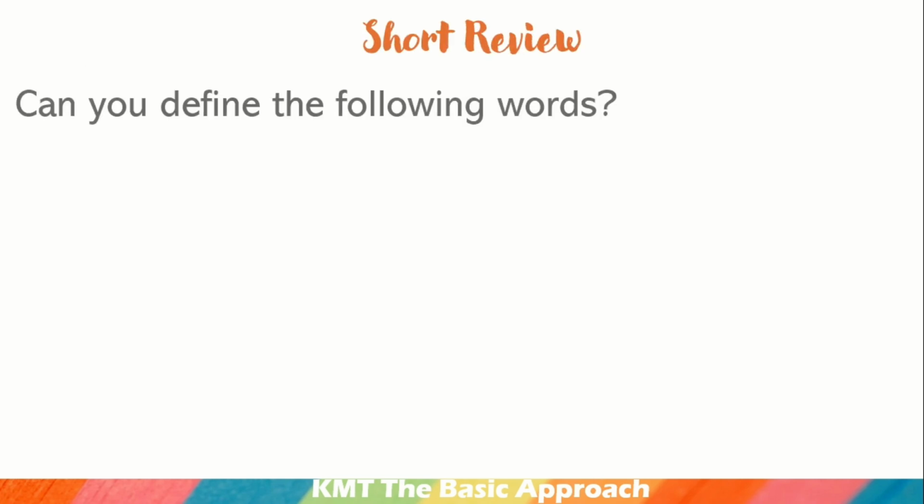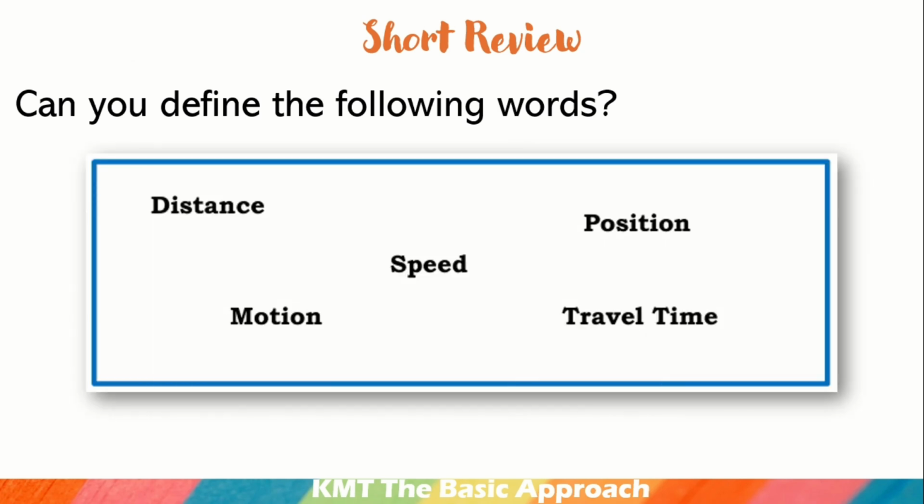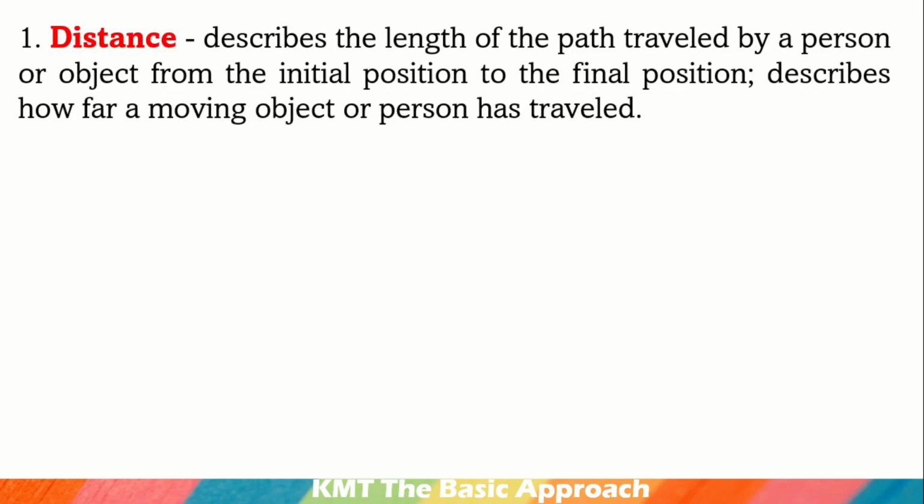Short review. Can you define the following words? Let's define them. Number 1. Distance. Describes the length of the path traveled by a person or object from the initial position to the final position.